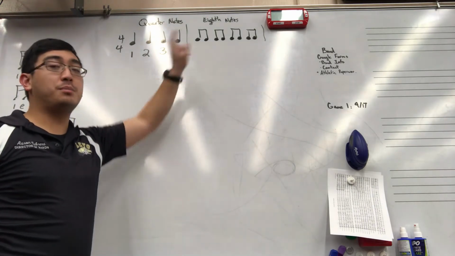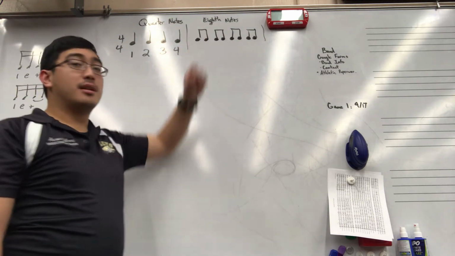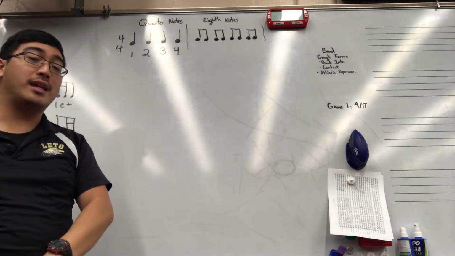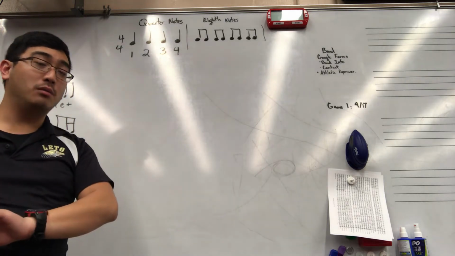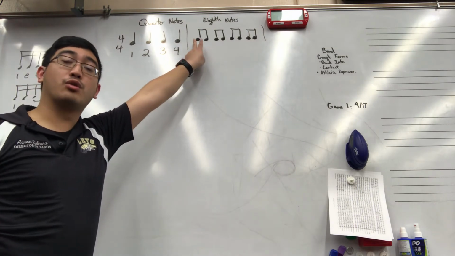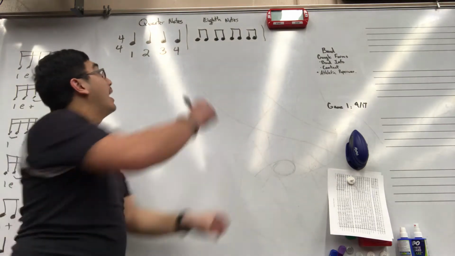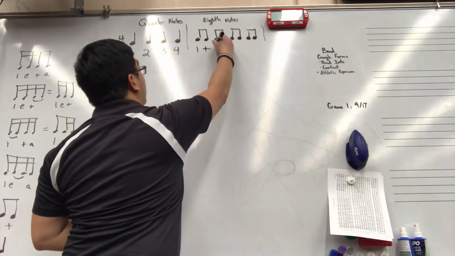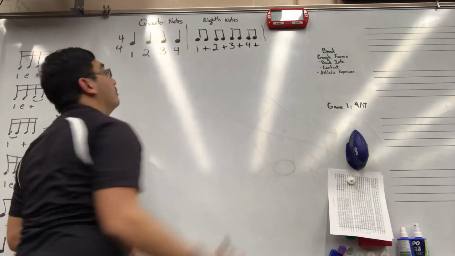Eighth notes can be grouped into duples or pairs by a bar. Sometimes you will also see eighth notes grouped 4 together. For now, I will only have duples or groups of 2. We count eighth notes as 1 and 2 and 3 and 4 and.